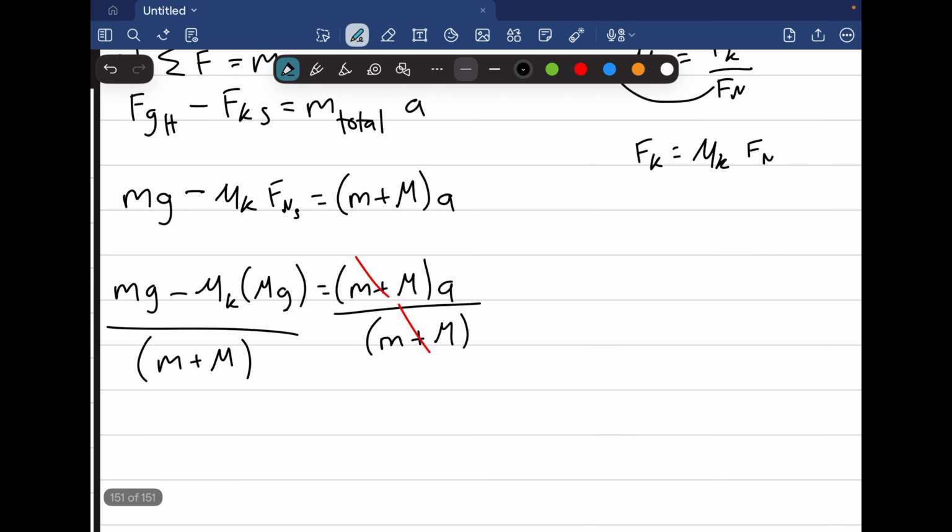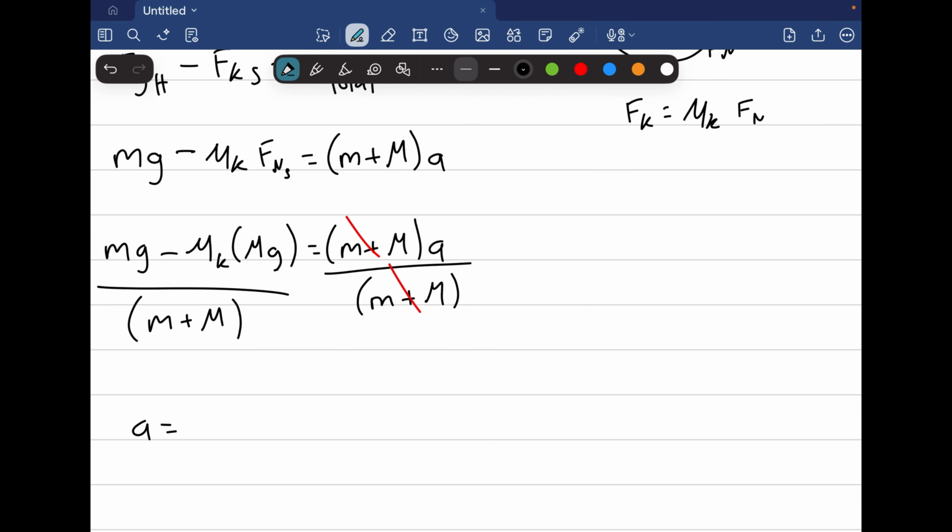So your acceleration function is lowercase mg minus mu k capital Mg all over lowercase m plus capital M. Okay.